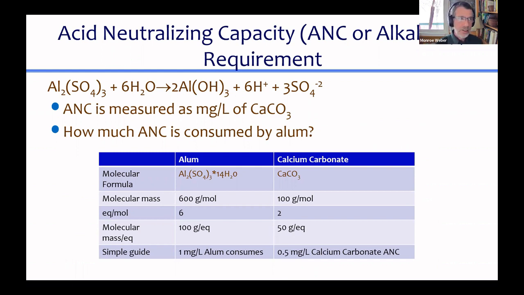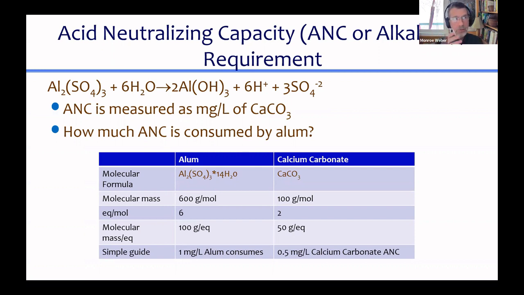So that's one important thing to remember about adding a coagulant, especially alum: when you add it, the pH drops. And a natural water that has been out there in the environment, in a stream, maybe flowing over some limestone and dissolving some calcium carbonate as it went down the stream, or as it went through the farmer's fields before it got to the stream. That calcium carbonate is essentially like a base that's in the water.